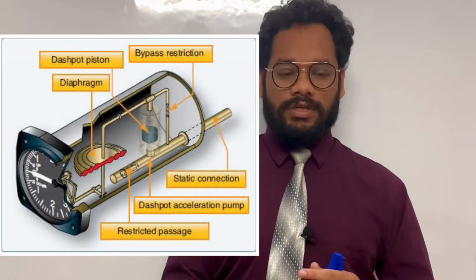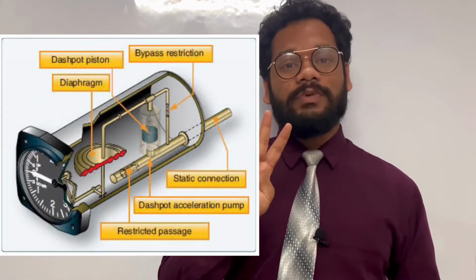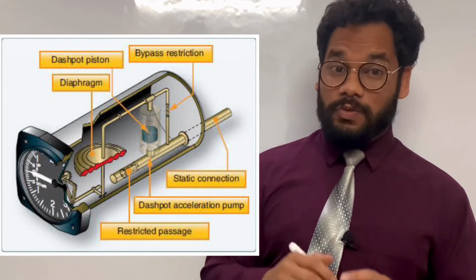So let's start. What are the basic things present within an instrument? Basically there are four basic elements present within an instrument.